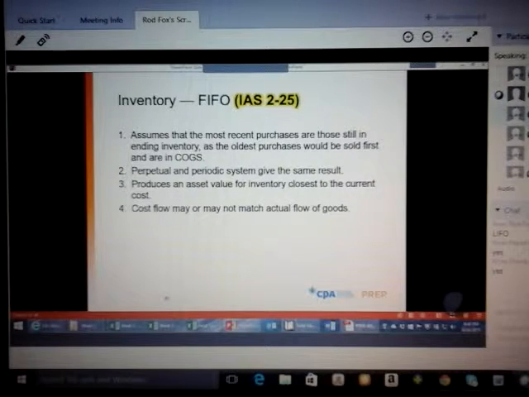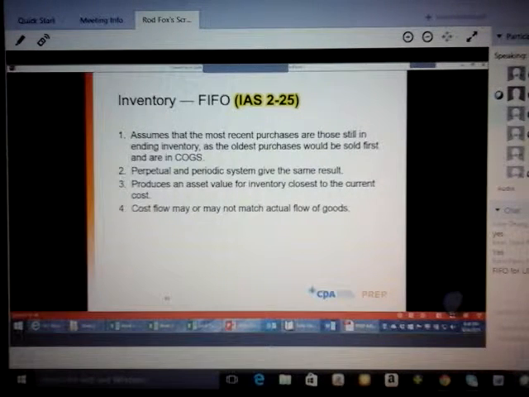Someone said yes, okay. When we harmonized with IFRS, we decided to take it out. It's not an acceptable method anymore, and it was never acceptable for tax purposes either. So we're just going to use either FIFO or weighted average.